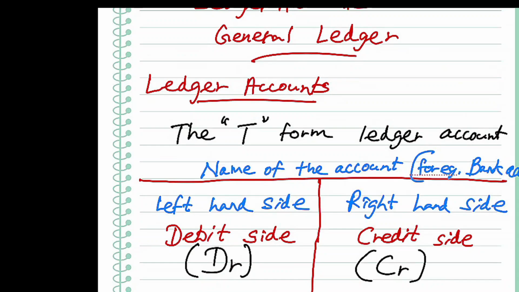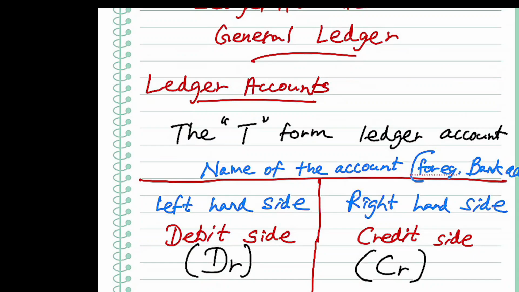Okay, so sorry, we were talking about the ledger accounts. What I'm saying is, for each and every item in the balance sheet and the income statement, we will have separate ledger accounts. Then you can ask me what about the cash flow statement? No, we don't actually have ledger accounts for cash flow. Why?